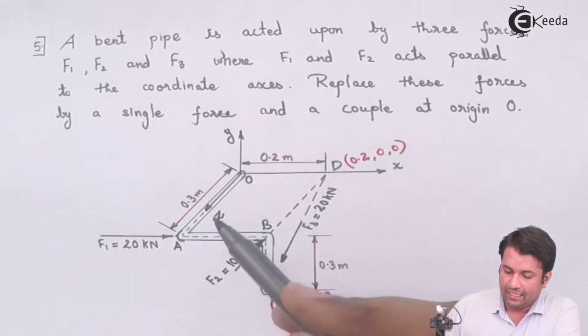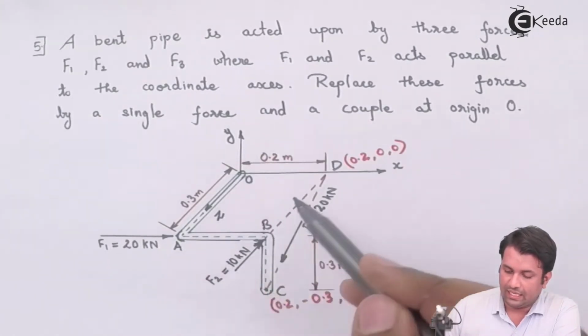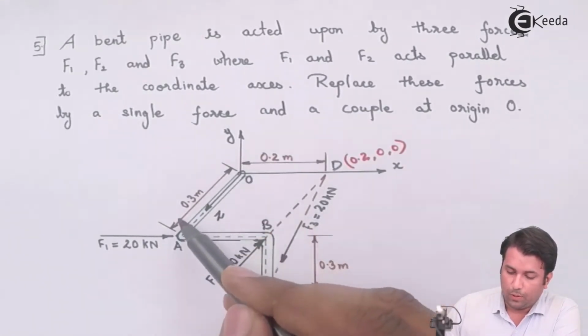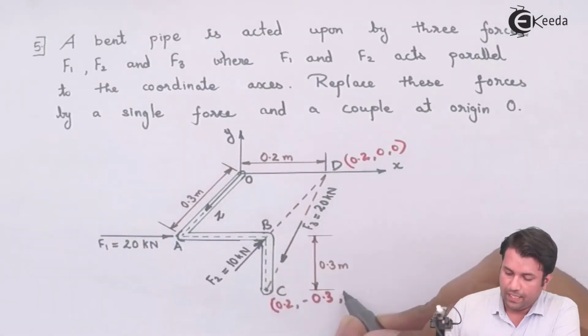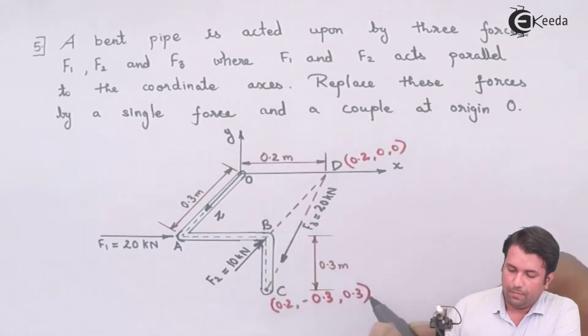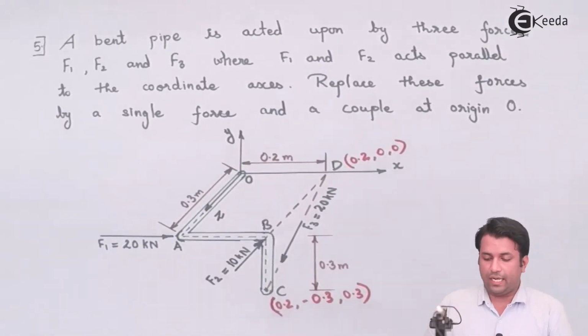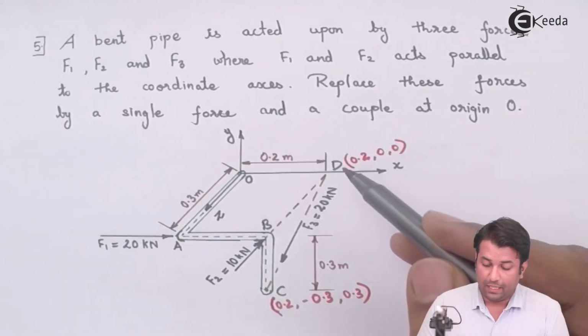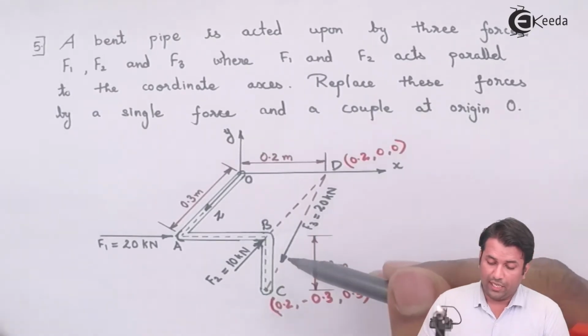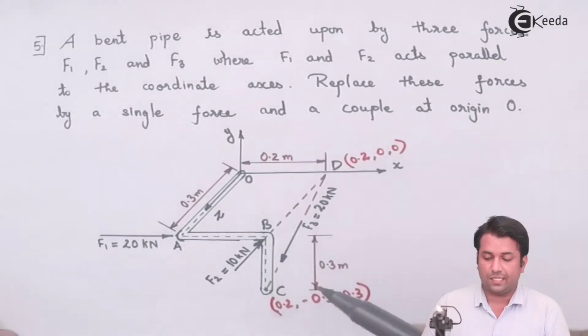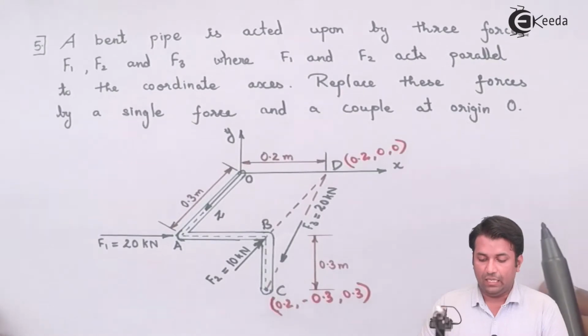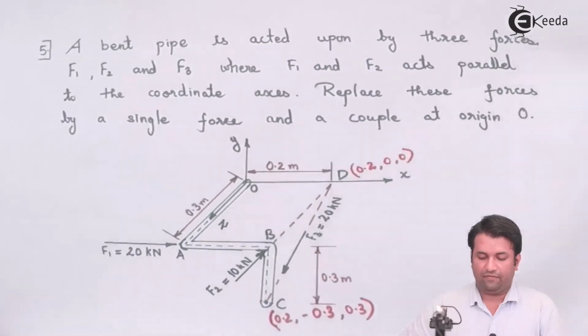Whereas the z distance, this distance, is given as 0.3 meters, so this will be 0.3 positive. Now I have the coordinates of the point through which the force F3 is passing, so I can easily find the force vector F3.